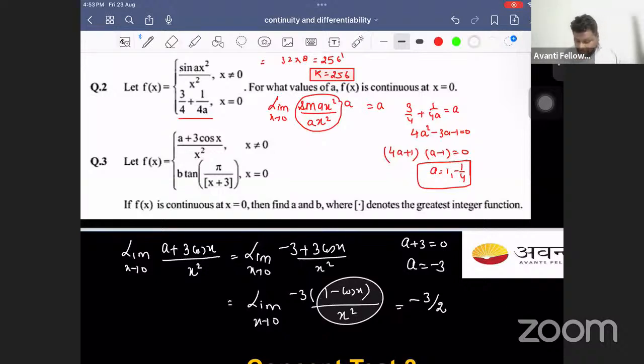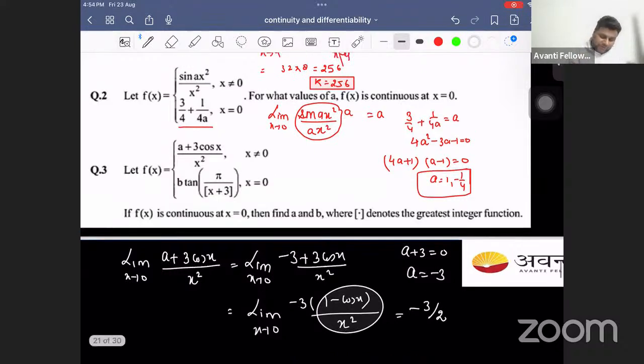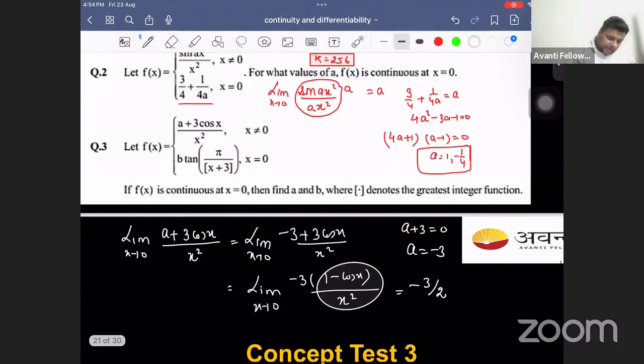See it once. Now, if I talk about the value of the function at that point, that is f of 0. f of 0 is what? b tan pi by 3. Greatest integer of 0 is 0, so it is 3. So b tan pi by 3 is what? b under root 3. Got it?